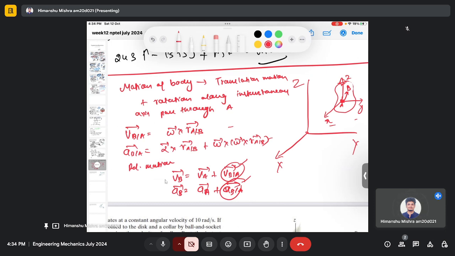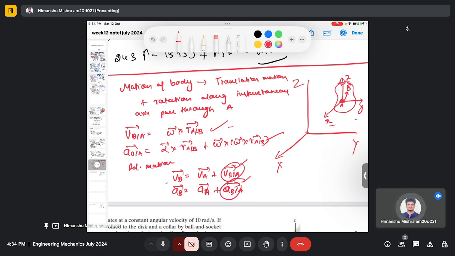Right? So in the previous problem, all the points were actually located at point A, and in order to calculate the velocity and acceleration of point A, we have used these equations. But now there is a random point which is not located at the origin of the moving coordinate system.